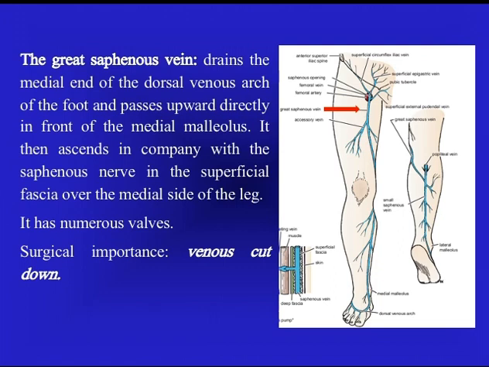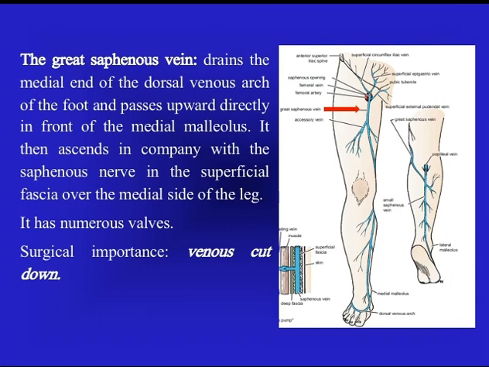Its veins ascend in company with the saphenous nerve in the superficial fascia over the medial side of the leg and reach the upper thigh to enter the saphenous opening and join the femoral vein. It has numerous valves.